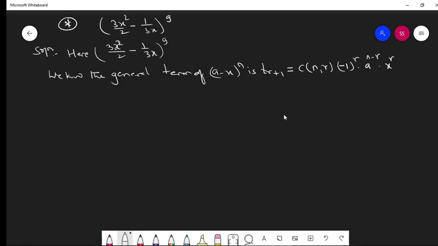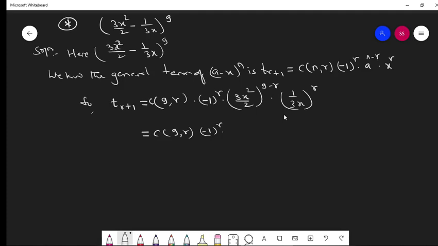So let's think that we have to separate x and other numerals. Okay, so in that case we have to move in this way, minus 1 to the power r. Here you can see that I will separate 3 first. 3 to the power 9 minus r times 1 by 2 to the power 9 minus r times x squared to the power 9 minus r.